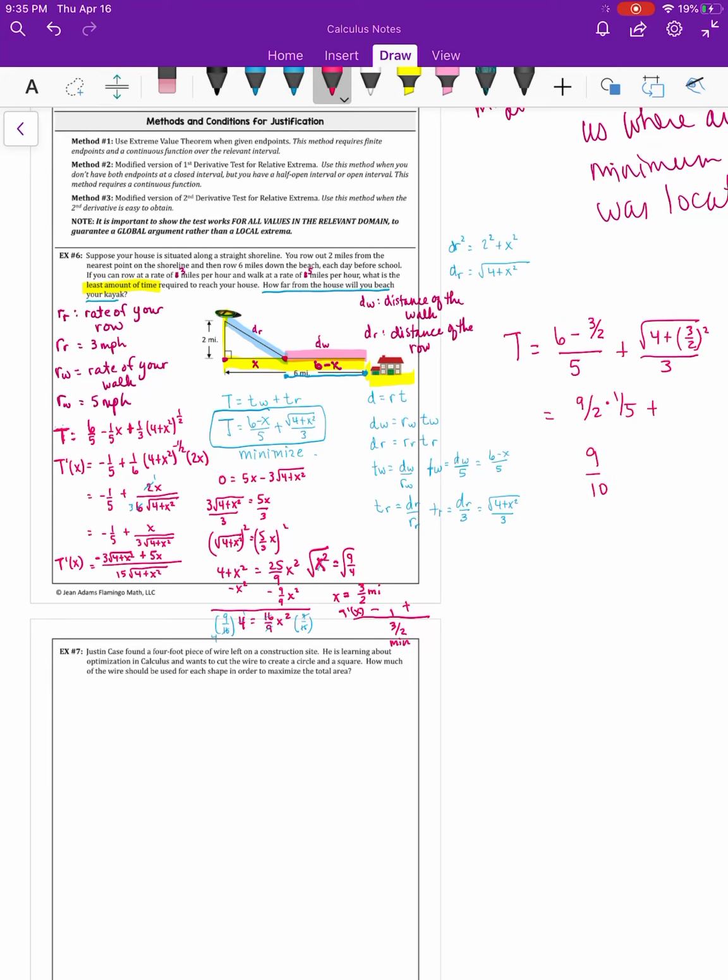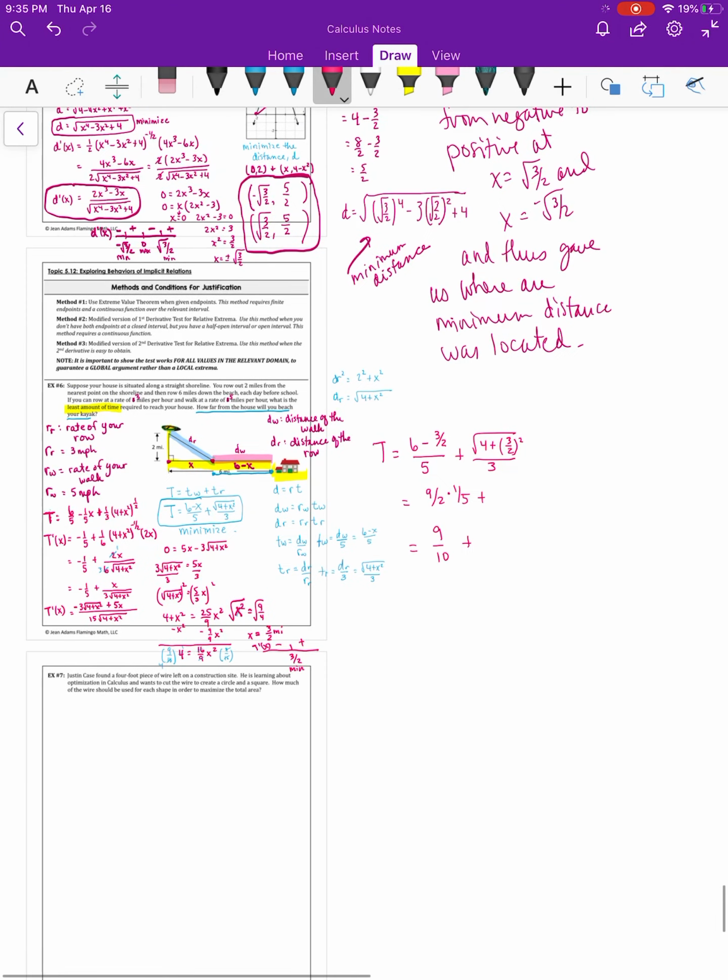So this is going to be 9 halves, right? Because I've got 12 minus 3 is 9 halves. Division by 5 is multiplication by 1/5. So this is going to be 9/10 plus the square root of 4 plus 9/4.